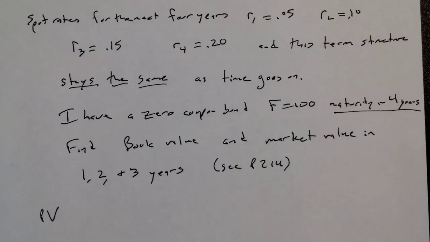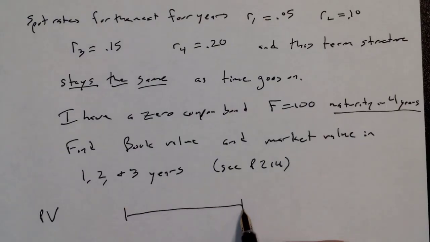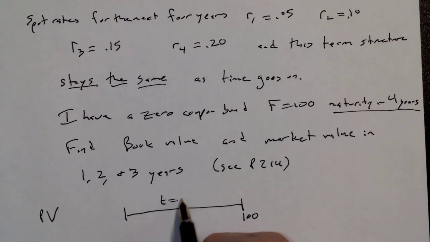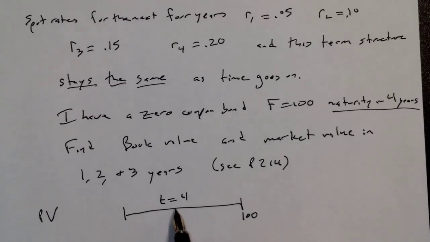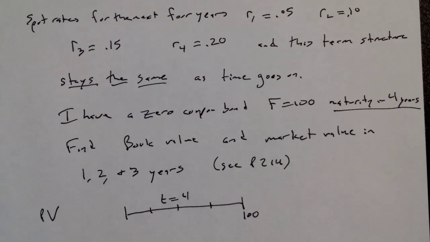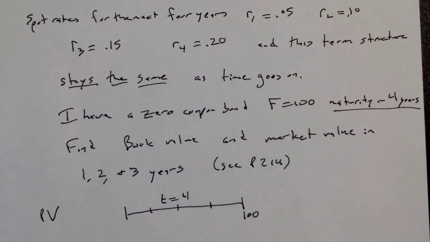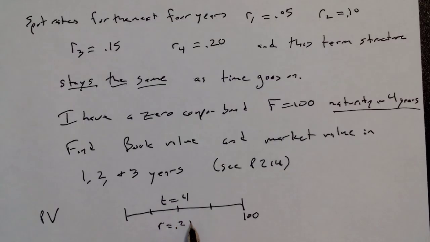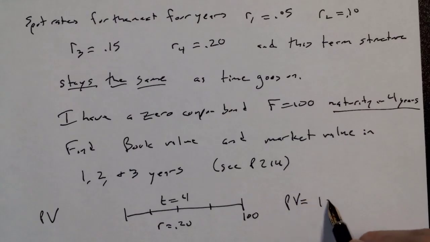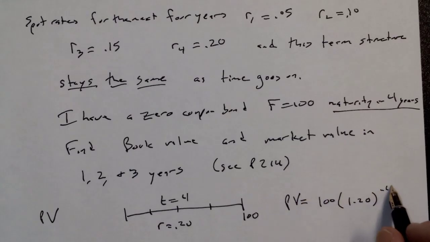It's a zero coupon bond, so I can think of it as a single deposit whose future value is 100. It's going to get compounded annually. And the 4-year spot rate is 20%. So the present value is 100 times 1.20 to the -4.